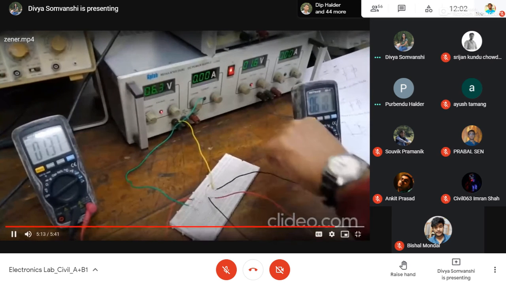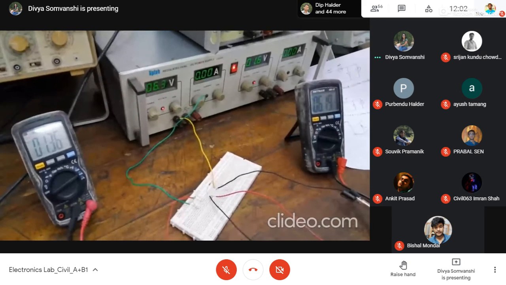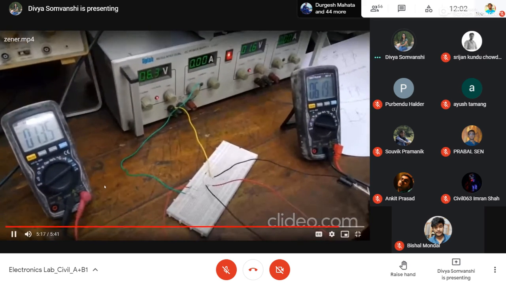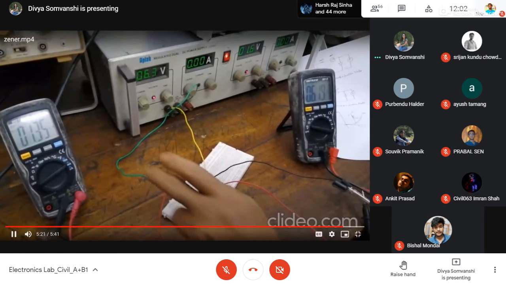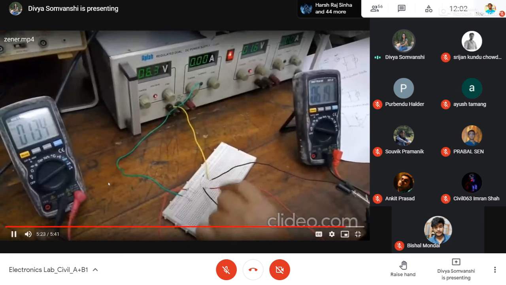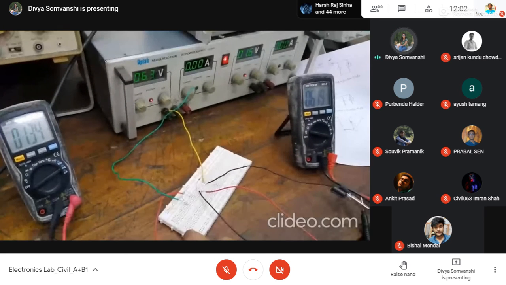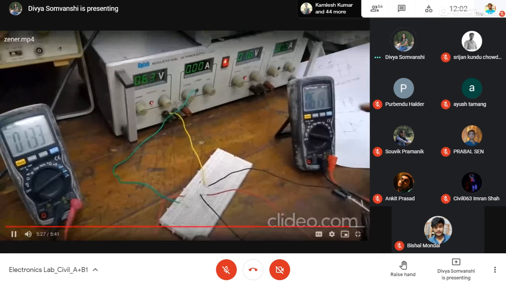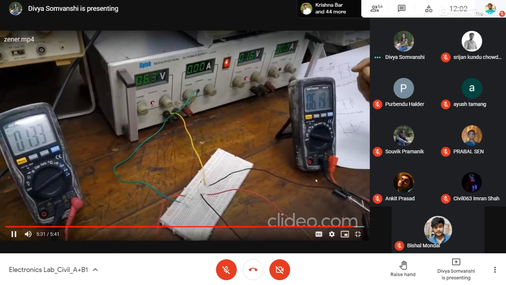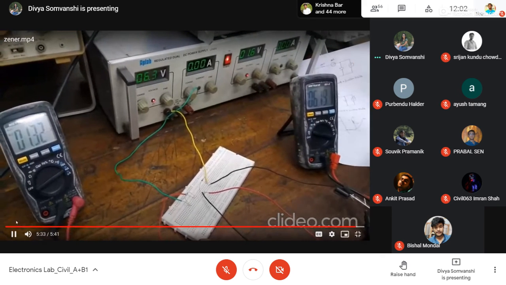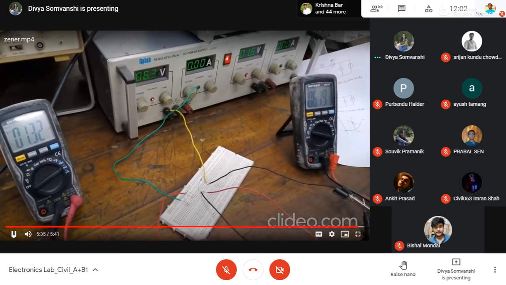That means one Zener is specified for 8.5 or 8.6, that is its breakdown voltage, and another Zener appears for 6.19. In this way, we could measure the Zener.